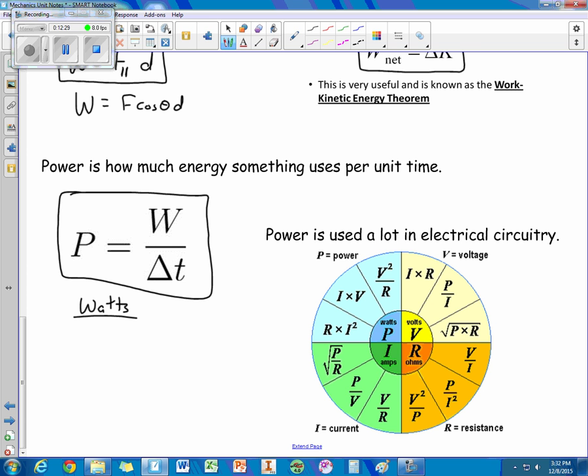That means it's converting 100 joules of electrical energy into 100 joules of heat and light energy every second. That's what the 100 watts means. Now we can also use power in electrical circuitry, and I'll let you study this engineer's wheel here for volts, amps, ohms, and watts. And there's a lot of really good formulas with that.